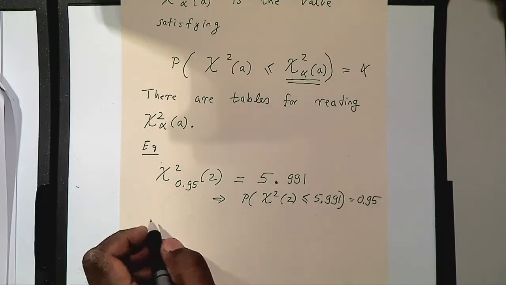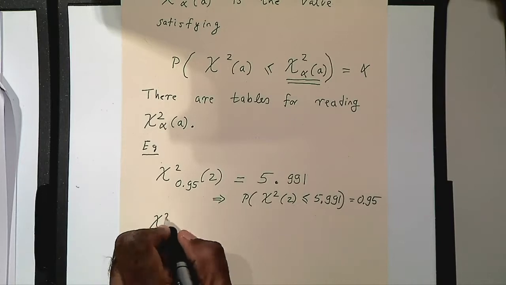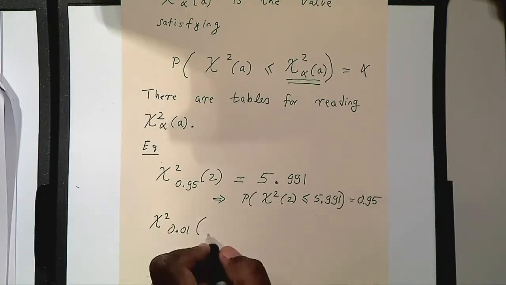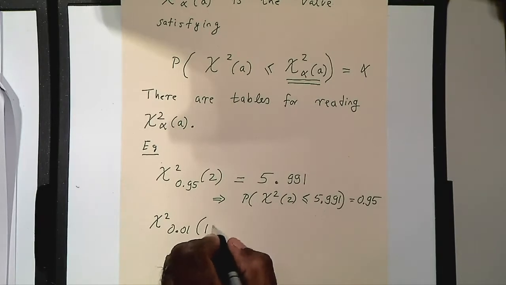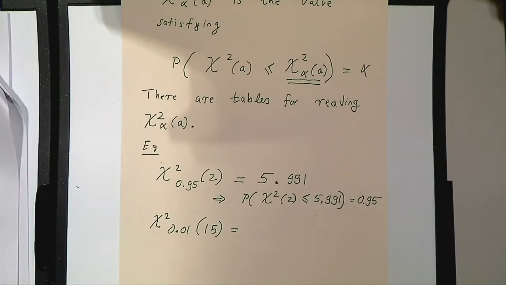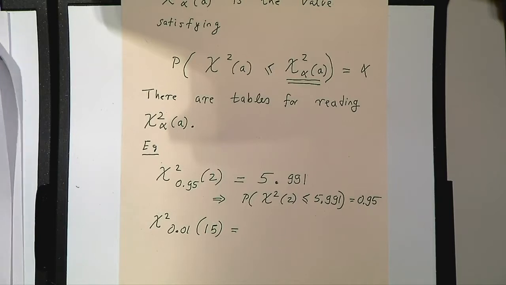Let's look at another example. Say chi-squared 0.01 at 15. To read this, you look for 0.01 along the first row and then you look for 15 along the first column. You get this value here. Can you see it?